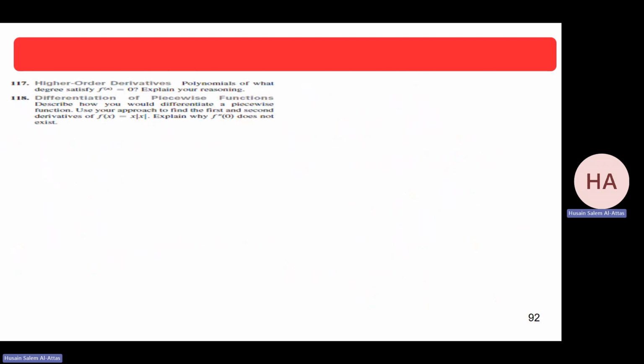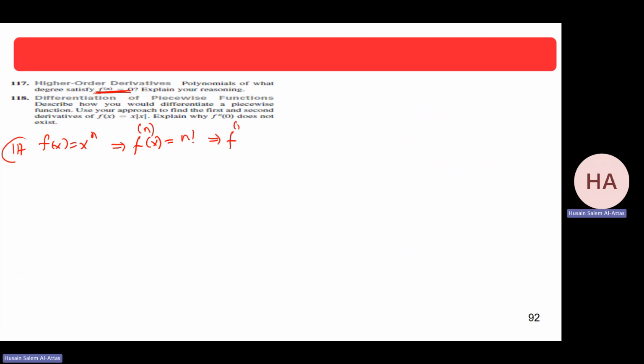Higher order derivatives: polynomials of which degree satisfy this? We know that if f of x equals x to the power n, then the n-th derivative is n factorial.